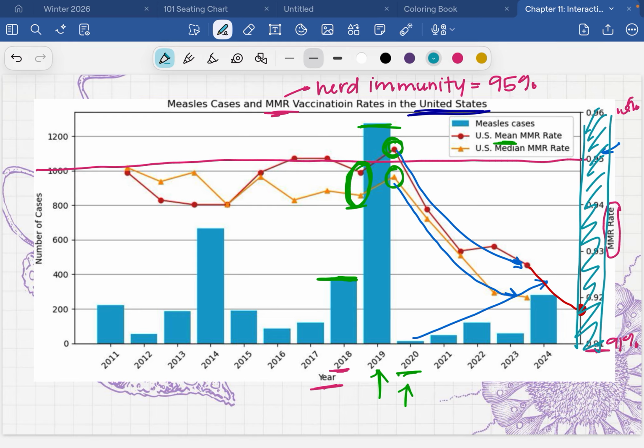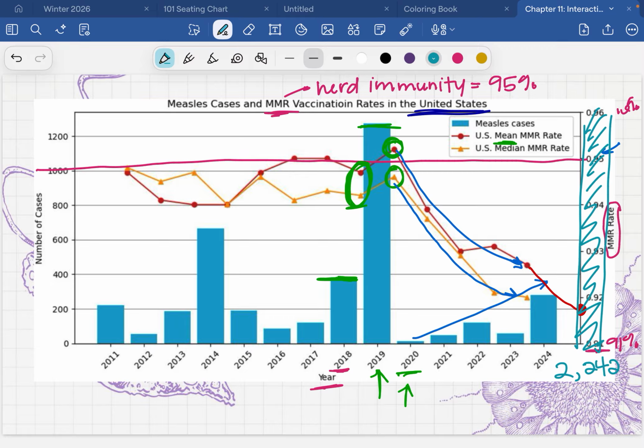The number of measles cases in the United States in 2025 was 2,242. So in 2024, we had about 300. And in 2025, we had 2,242.